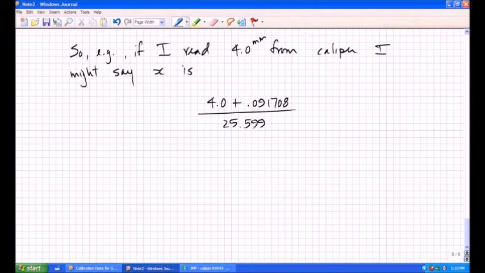Okay, so that's the way I'm thinking about using this conversion equation.